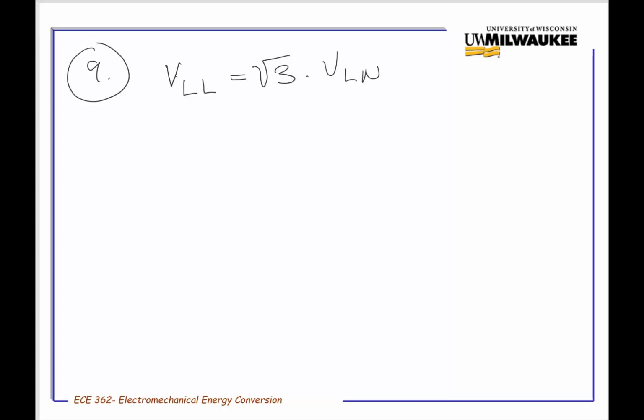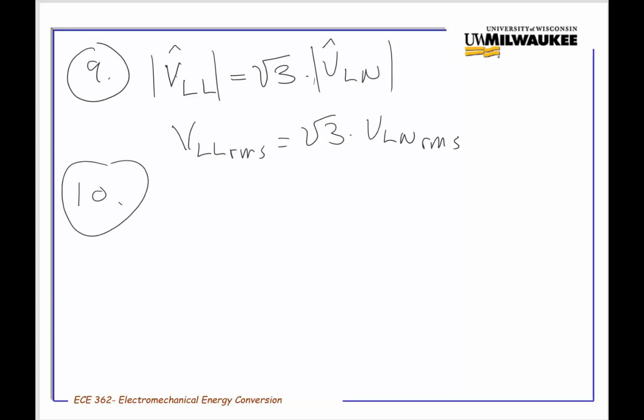This is the amplitude that we're talking about here. So we could say V line to line RMS is square root of 3 times V line to neutral RMS.